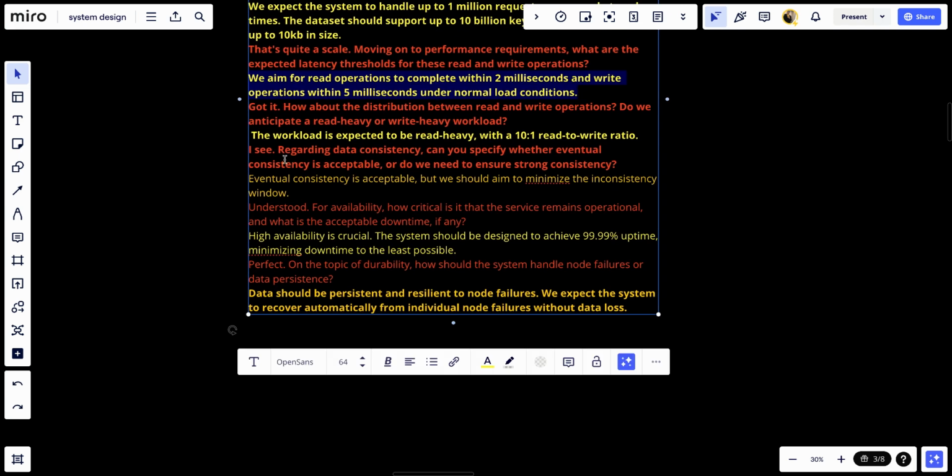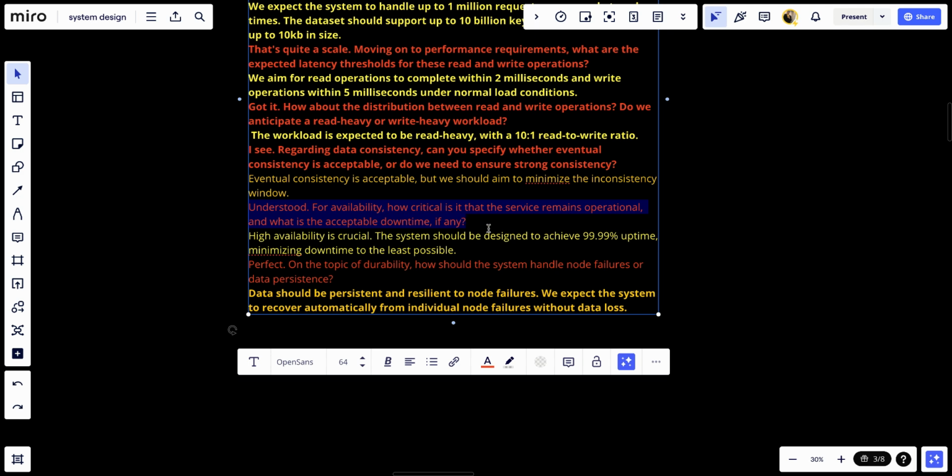So I say, okay, I see. Regarding the consistency, can you specify whether eventual consistency is acceptable or do we need to ensure strong consistency? I would say eventual consistency is acceptable, but we need to minimize the inconsistency window. So we accept eventual consistency. So in your head, suddenly we are maximizing the availability.